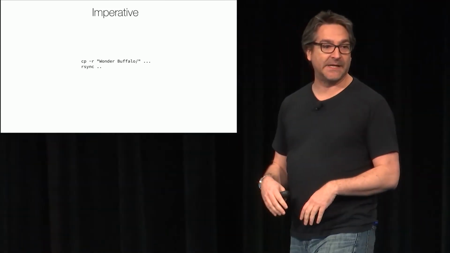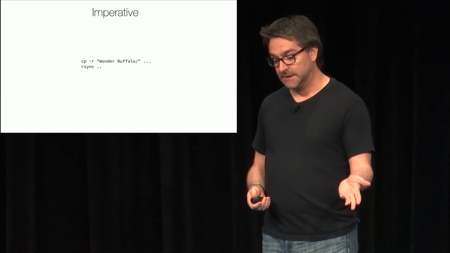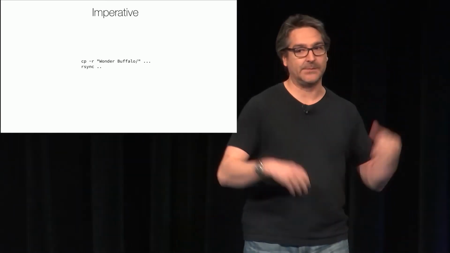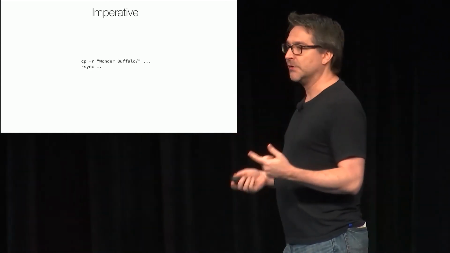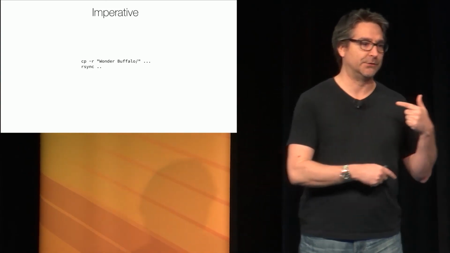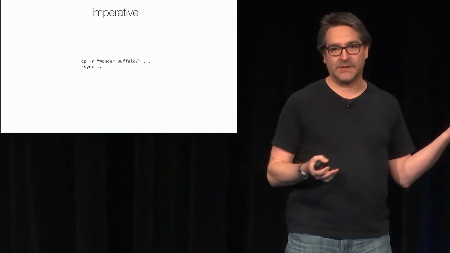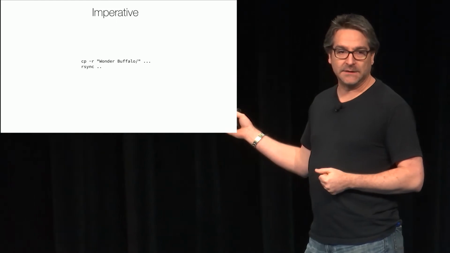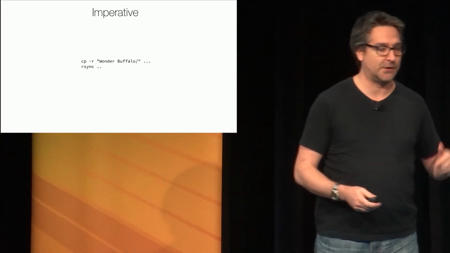For example, a copy or an rsync command, and that seems very small and convenient, and you can even do what I've done here with the cp command, where you say, just copy everything that's in this folder. But what happens when these commands fail? You've got to run them again. Well, can you figure out where to run them again from? rsync can do a pretty good job of figuring out where it left off, but cp -r won't. It'll just copy everything from the beginning again, as if you did no work at all.